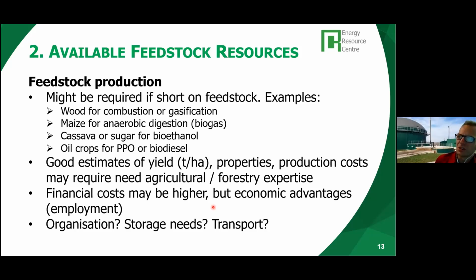Depending on the technology that you are considering, you can then start producing feedstock that can be combined with other types of feedstock. It could be, for example, wood fuel for combustion, for gasification. For biogas, this could be, for example, energy maize. For bioethanol, this could be using cassava or sugarcane. And for vegetable oils or biodiesel, this could be different types of oil crops.